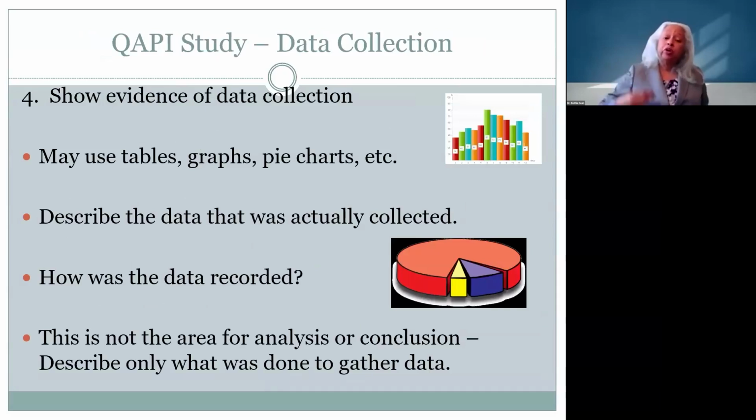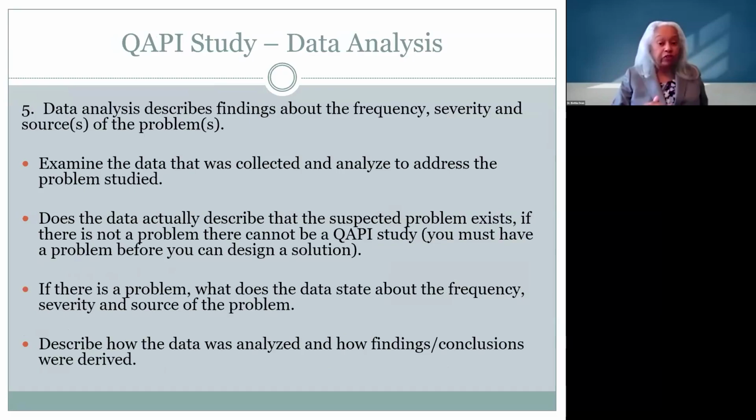Step 4, you're going to show actual evidence of your data collection. So this is where you would have your Excel spreadsheet, or it's just data. This is not where you analyze it. Step 4, you're just putting the data there. Step 5 is where you analyze it. You're looking now at all the data that you collected, and you're saying, where do we have a problem?